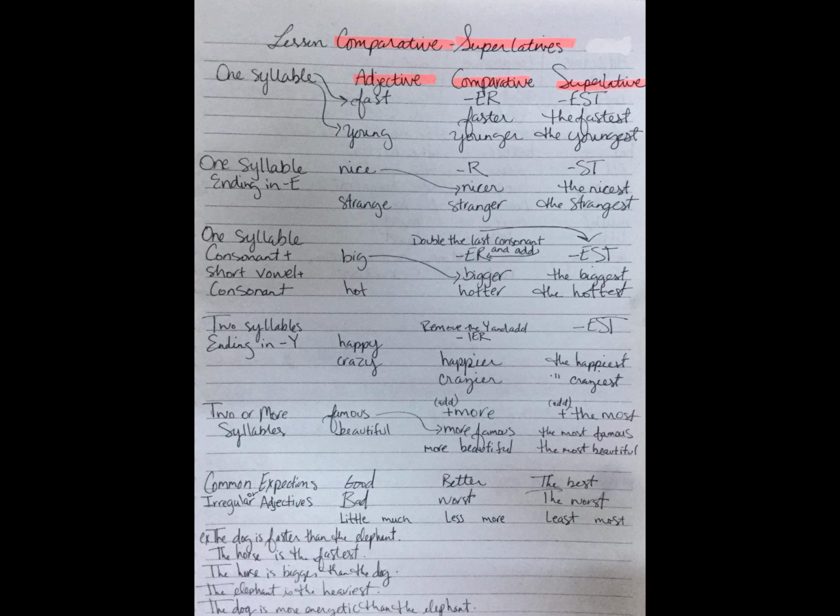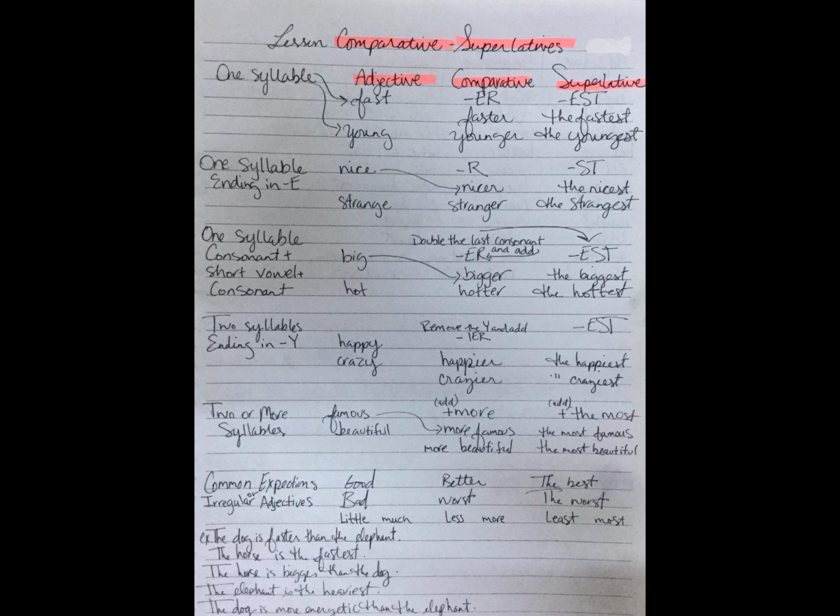Hot, we also have, in hot, O as a vowel and T as a consonant. So we double the T: hotter, and then for the superlative, it becomes the hottest. For the two syllables ending in Y, so happy is a two-syllable word, and it ends in Y, we remove the Y and we add IER for the comparative, remember.